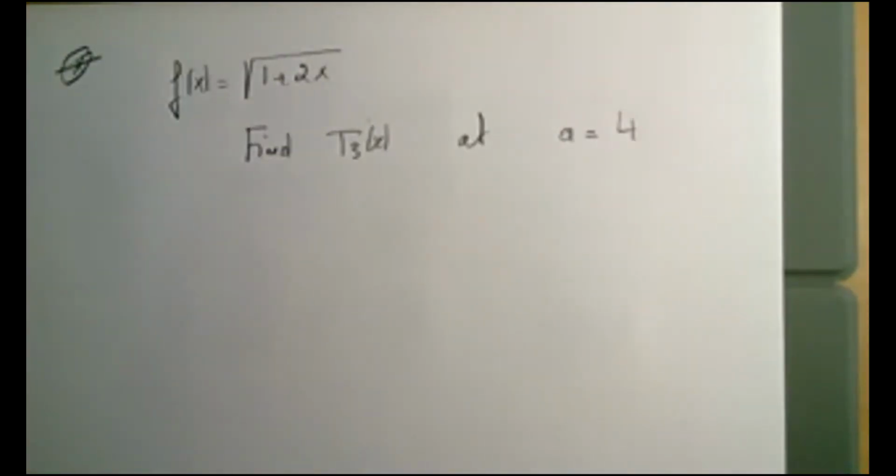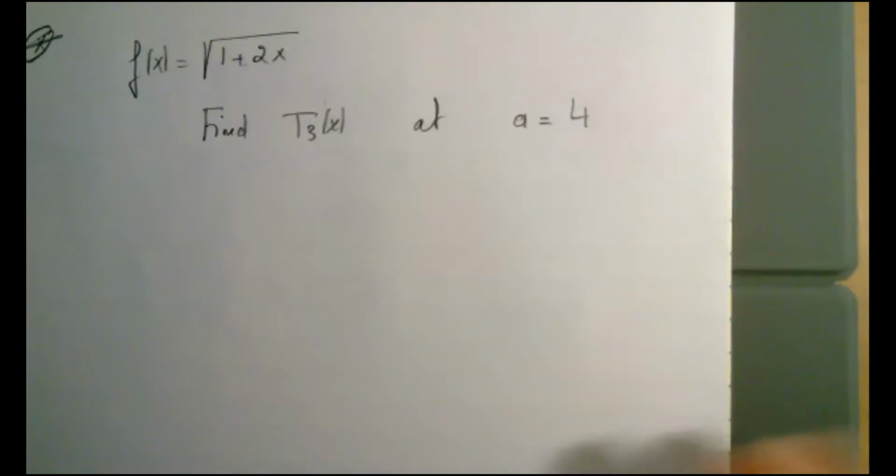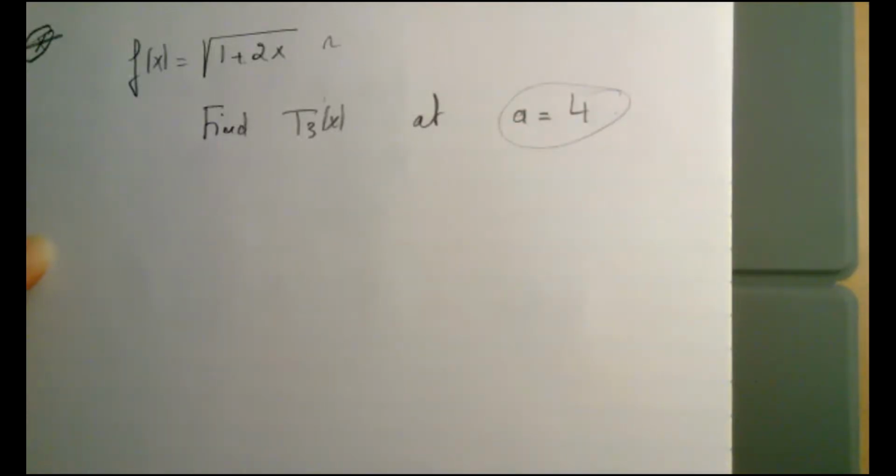Okay. Now in this scenario, we only have one way to find the third degree polynomial, which is to apply the formula. I don't have any other choices for this function. I want to approximate it by a degree 3 polynomial at a equal to 4. So in this particular scenario, I don't have Maclaurin to work with, and I have to go through the whole process.